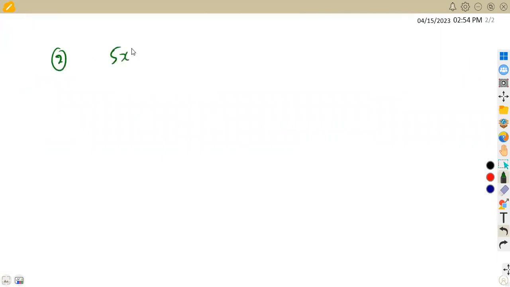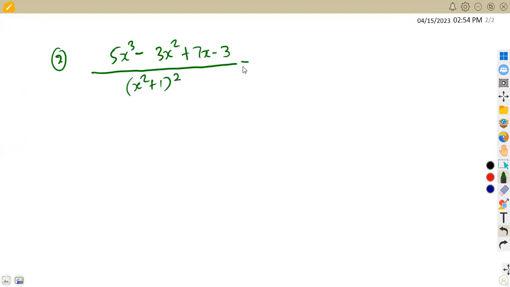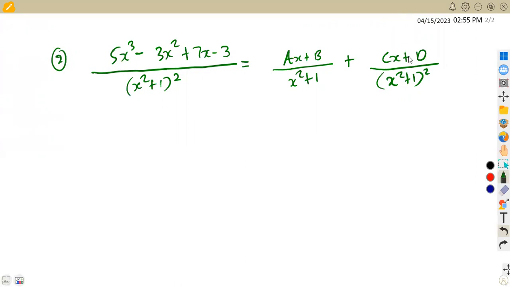We are given (5x^3 - 3x^2 + 7x - 3) over (x^2 + 1)^2, which is equal to (ax + b) over (x^2 + 1) plus (cx + d) over (x^2 + 1)^2. What is happening here?